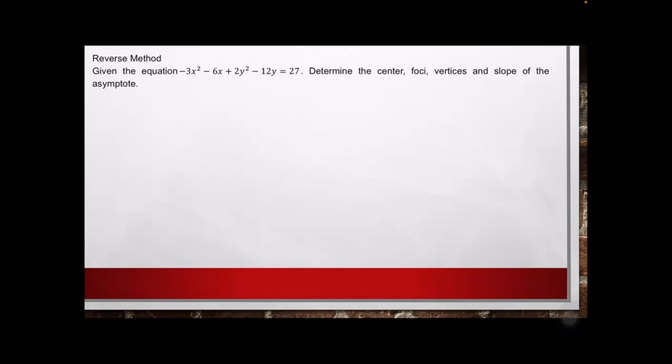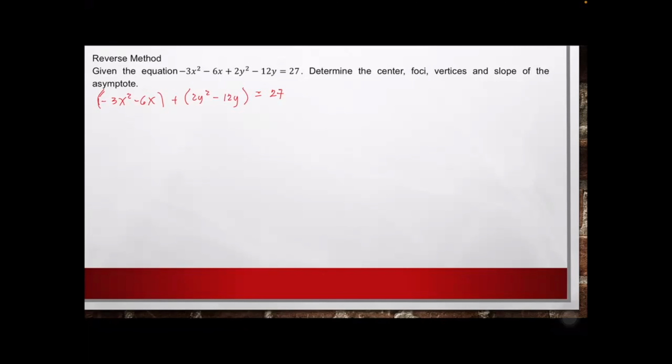So we will have here negative 3x squared minus 6x. So, sila yung magkasama. Then, plus, ang kasama nito ay 2y squared minus 12y equals 27.